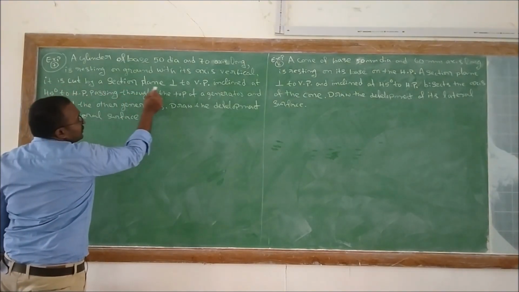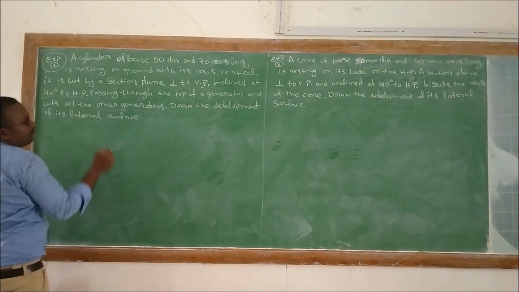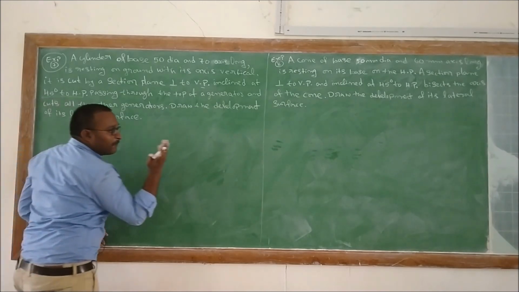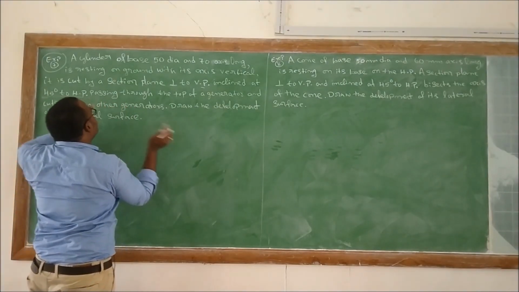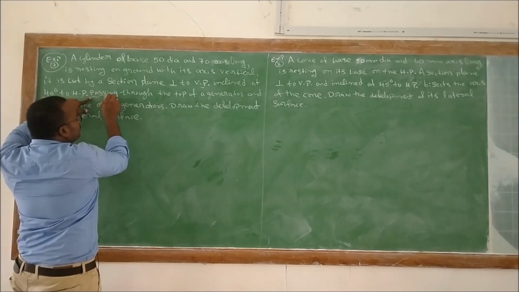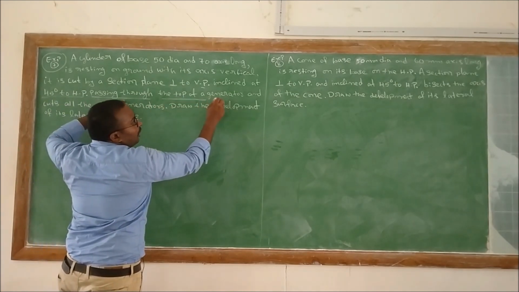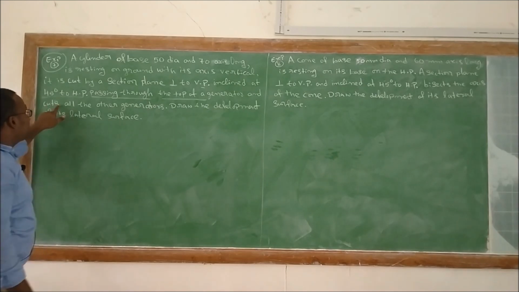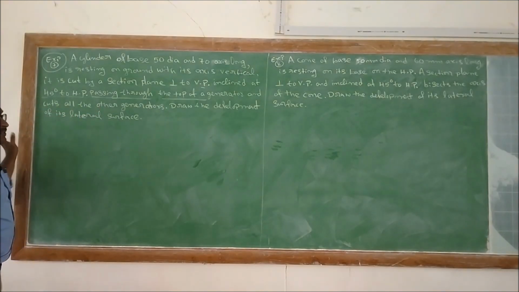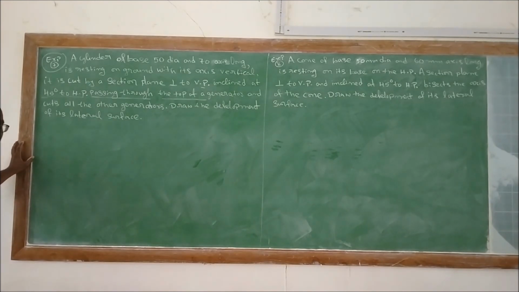It is cut by a section plane perpendicular to the VP and inclined at an angle of 45 degrees to the HP. The cutting plane is passing through the top of a generator and it cuts all the other generators. Draw the development of the lateral surface of the given cylinder.